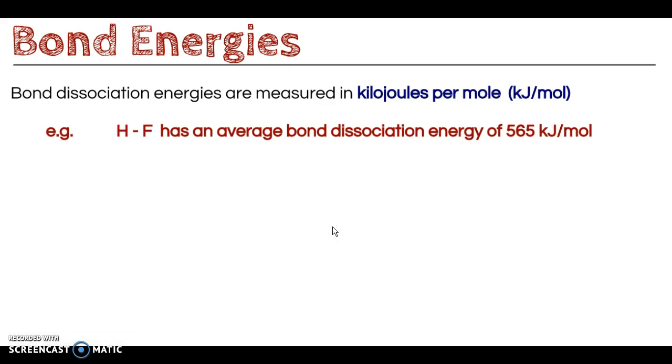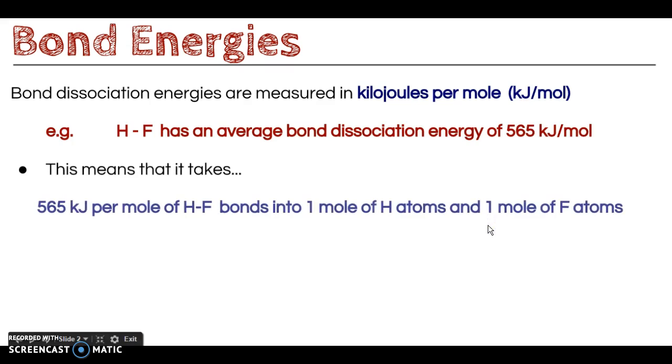For example, if in a particular molecule there's a bond between hydrogen and fluorine, and we want to break that bond, we would have to put in 565 kilojoules for every mole of HF bonds. And what that would give us would be 1 mole of H atoms and 1 mole of F atoms floating freely.